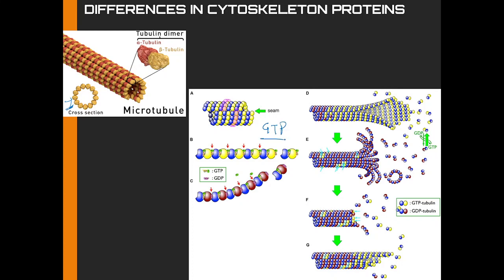They require GTP, and that's why they also have GTPase activity. In the case of microfilaments, they have ATPase activity; in the case of microtubules, GTPase activity. It is also shown how this assembly process and disassembly take place. So this is how it works.